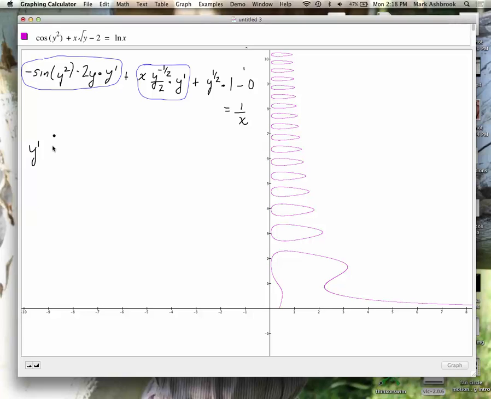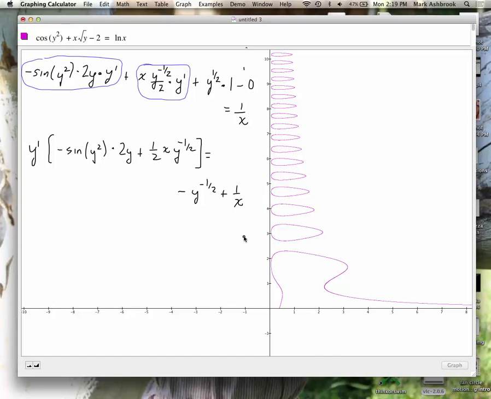So those two that I've circled in blue stay on the left, plus 1/2 x equals, okay, I'm not done, guys. Negative y to the 1/2 plus 1 over x.